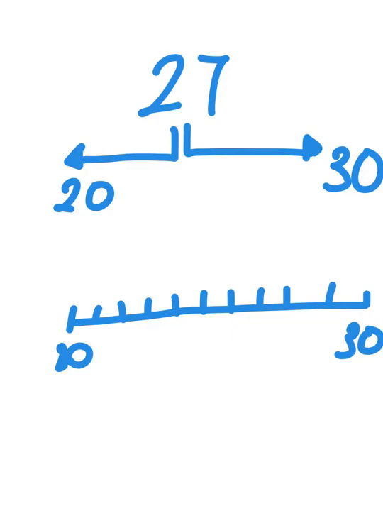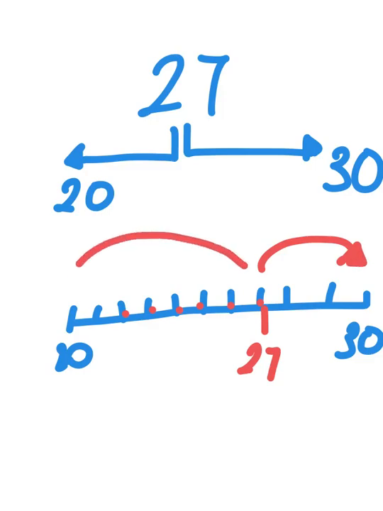Where is 27 here? 27 is here. Is 27 closest to 30 or closest to 20? There are 6 numbers here, and 2 on the other side. So if we round 27 to the closest 10, it will be 30. Okay?